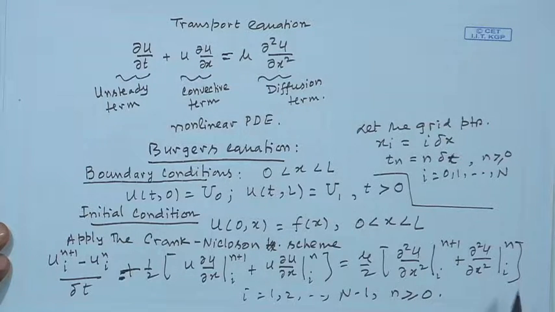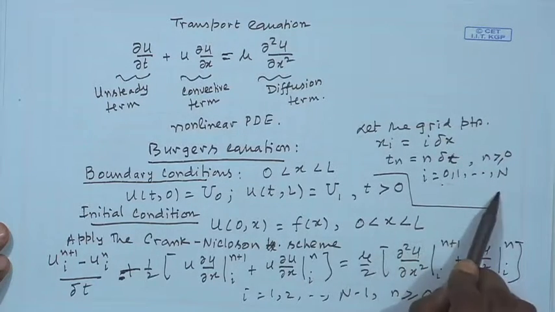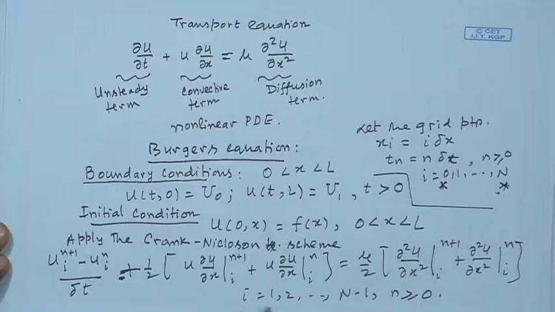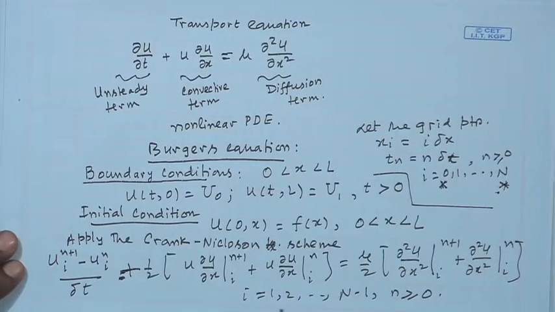Obviously, here i equal to 0 and N are the two boundary points. That is why, apart from the two boundary points 0 and N, we need to compute u for i equal to 1 to N minus 1 for a choice of n from 0 onwards, that is from the initial time t equal to 0.